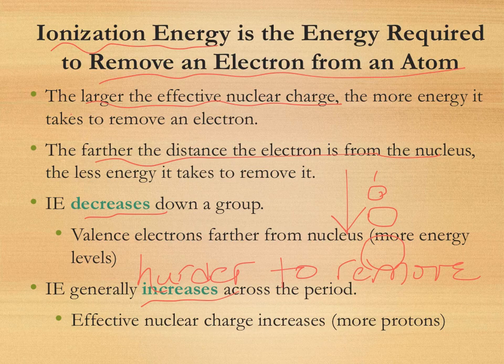Remember I said you can explain every single trend moving left to right across a period the same way, and that is by saying as you move left to right across a period, effective nuclear charge increases because you are adding more protons, and therefore there's a stronger attraction to the electrons and they're harder to remove. If you need to replay that, go ahead.